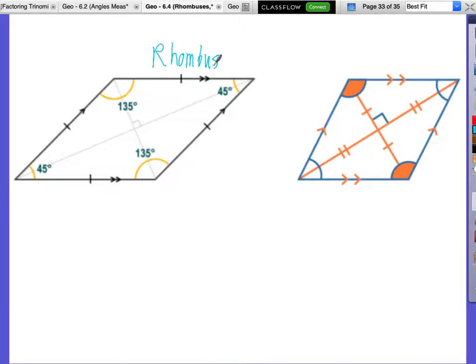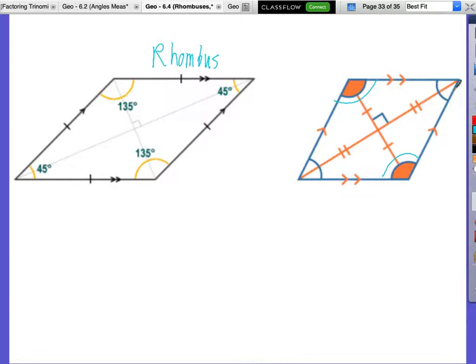What about this one right here? The orange and the blue just indicate this would be like our 2 arcs, or this would be like our 1 arc. This is the way the picture is. Wouldn't it be a rhombus as well? Okay, why do you say that? Noah, a parallelogram.